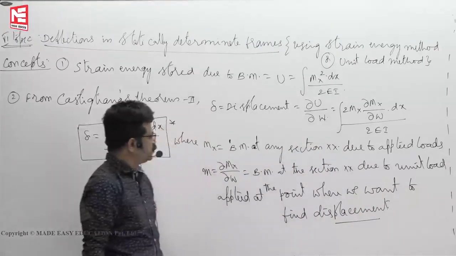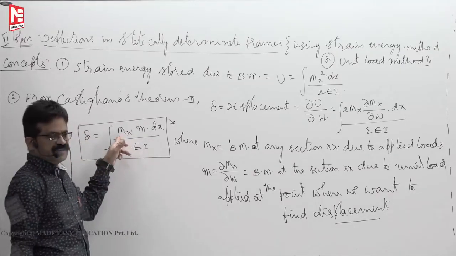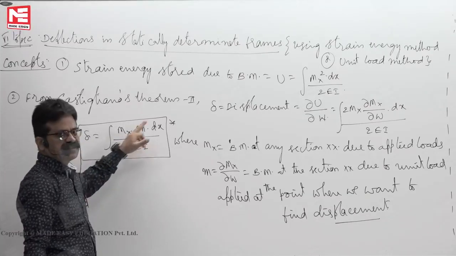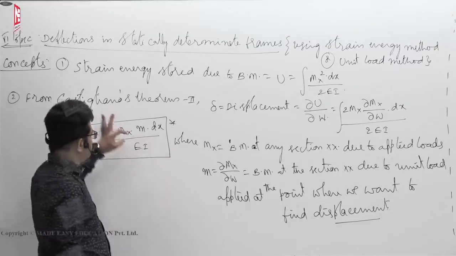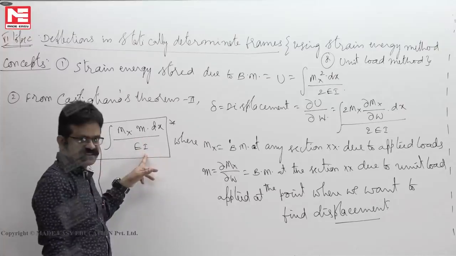Like that. So in exam time, first you have to find Mx due to applied load, then m due to unit load, second step, then third step multiply. Similar to PKL by AE, you have ∫Mx m dx by EI. There axial rigidity, here flexural rigidity.